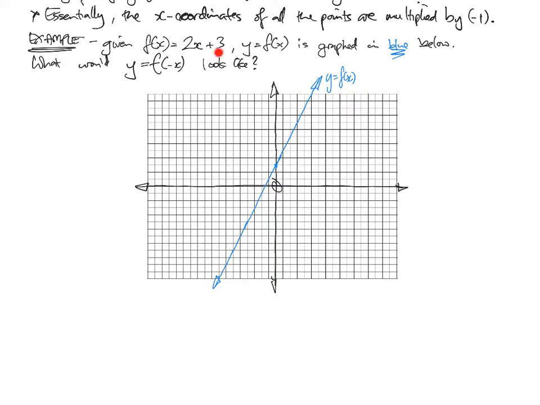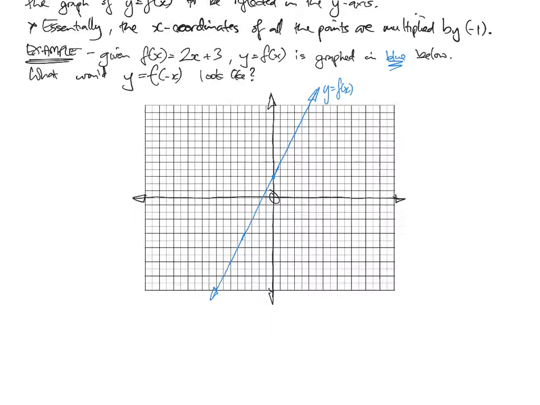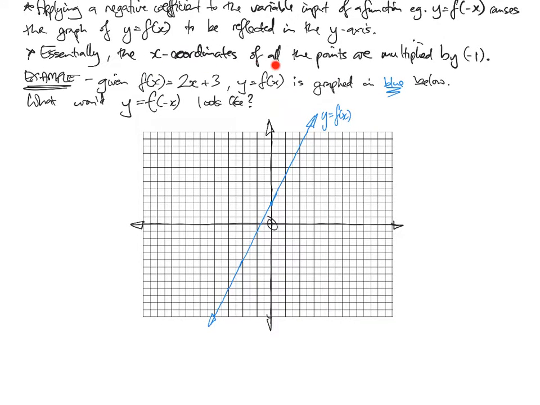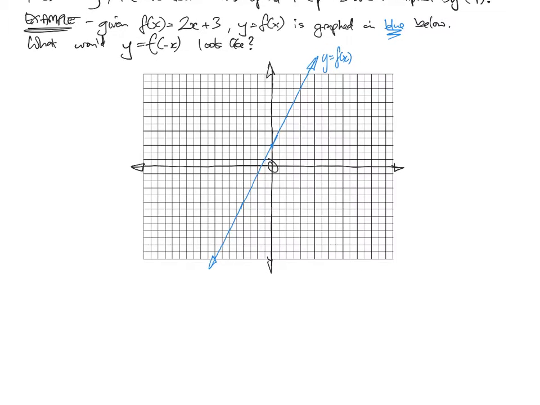You might remember from linear equations when we're graphing them, that's the slope, and it goes up by 2 for every 1 step across, and it's got a y-intercept of 3. What would y is the function of negative x look like? Well, I've said that essentially this causes the x-coordinates of all the points to be multiplied by -1.